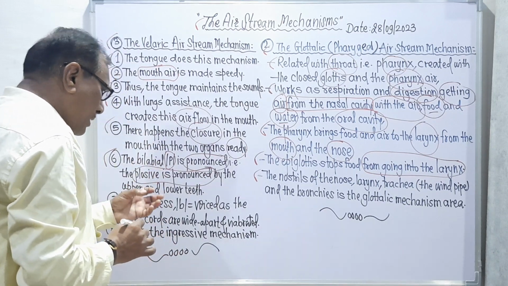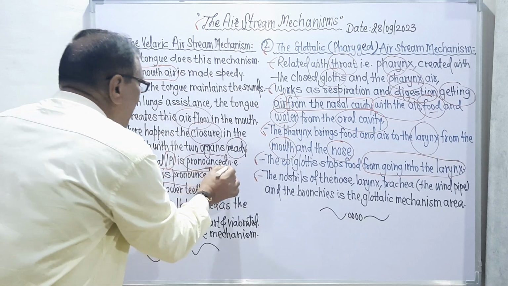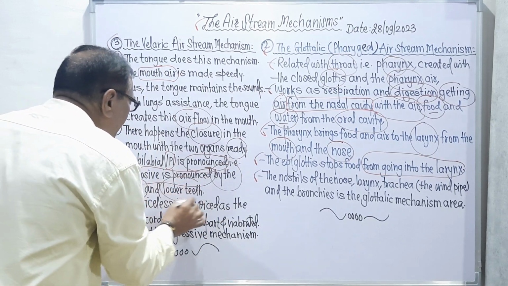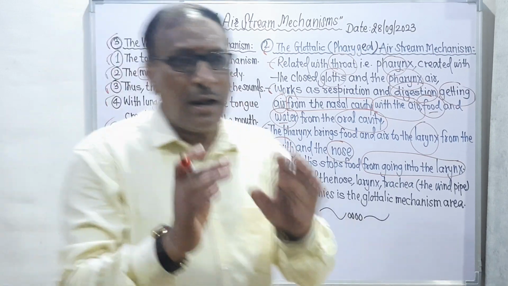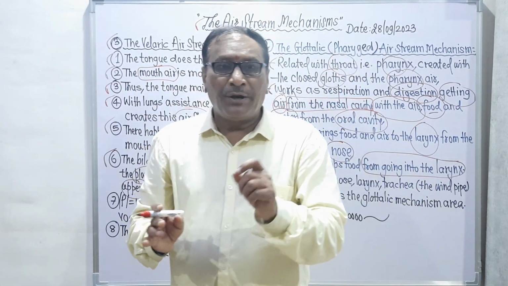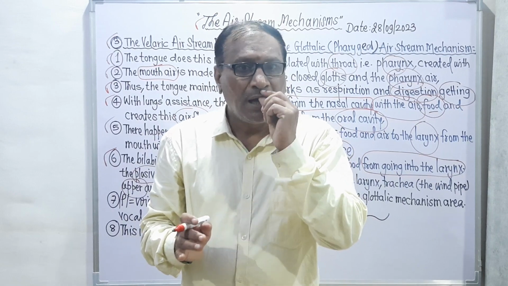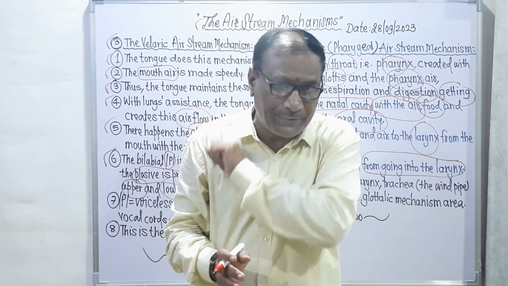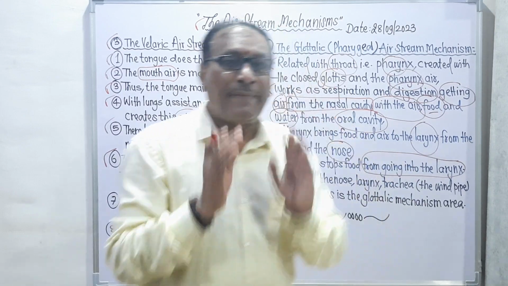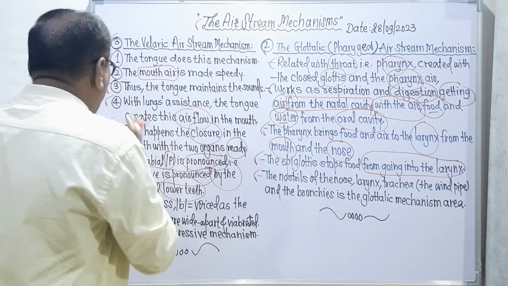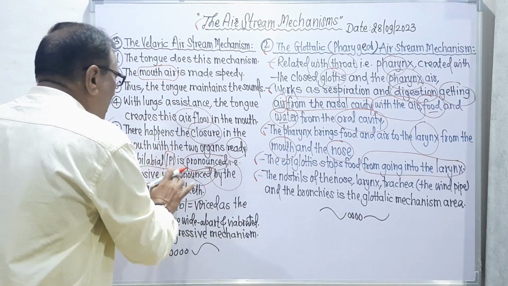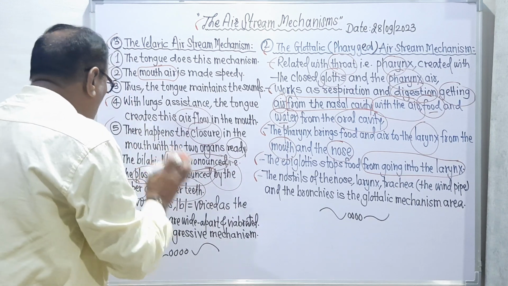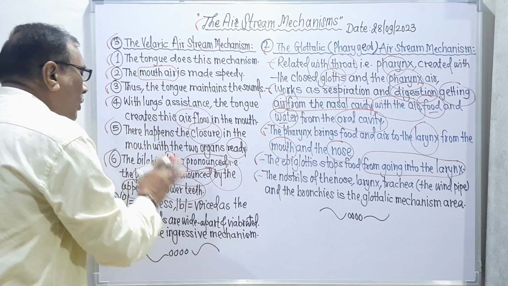There is the production of the P by the upper and lower teeth. Remember, the upper and lower teeth means the upper means these and lower means these. So these two lips create that system, and so the bilabial P is pronounced, that is the plosive is pronounced by the upper and lower teeth.